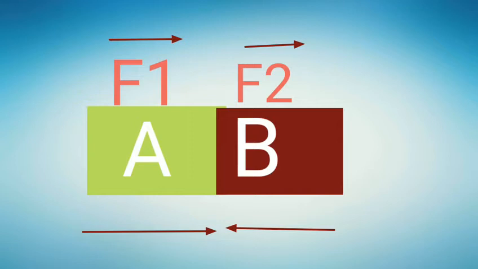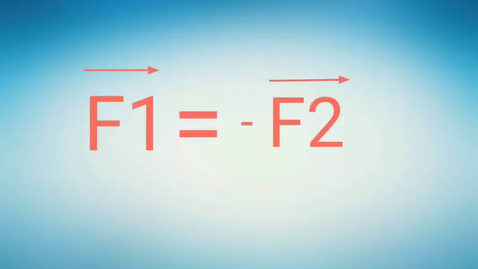Let F1 be the force exerted by body A on body B and F2 be the force exerted by body B on body A. Then F1 is equal to minus F2. This relation shows that F1 and F2 are equal in magnitude but opposite in direction.